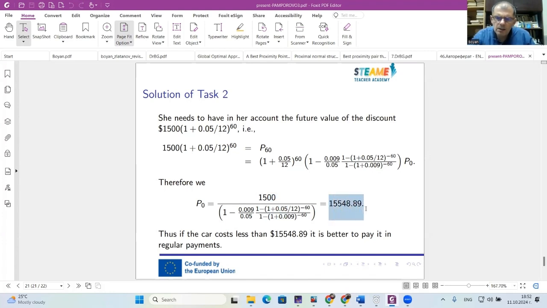If the car is less than this amount, $15,000, then it is better to buy the car and pay it once in the buying, because you will have a 150 discount and it will cost 13,000. But if the car is more expensive than this amount of money, it is better to use the money for your company that will gain you a good profit, and at the end you will maximize your finances and your profit.